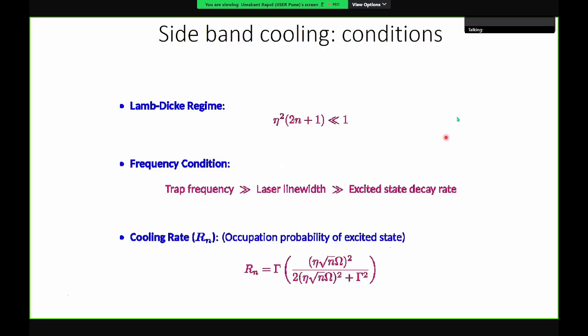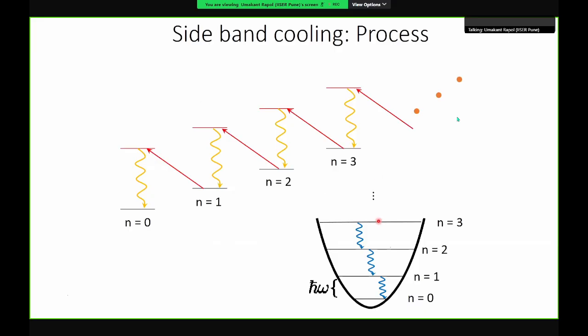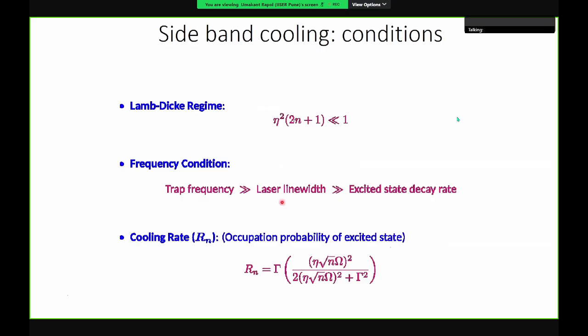Now, for this sideband cooling to work, there are a couple of conditions. First of all, the line width has to be much smaller than the laser frequency and the excited state decay rate. These are the conditions that you need to satisfy to do the sideband cooling.